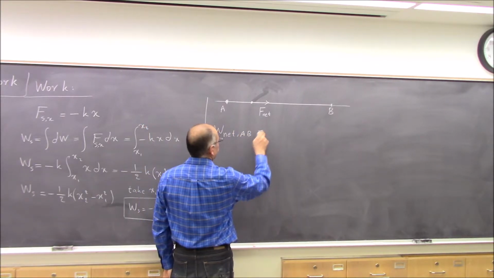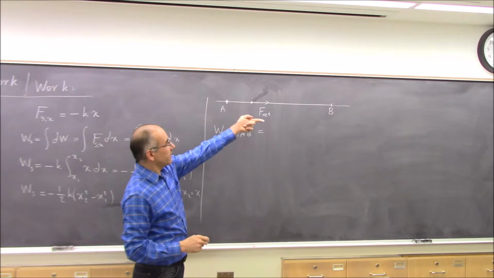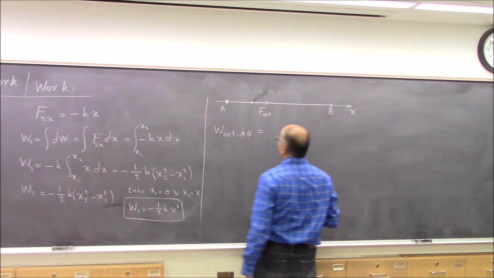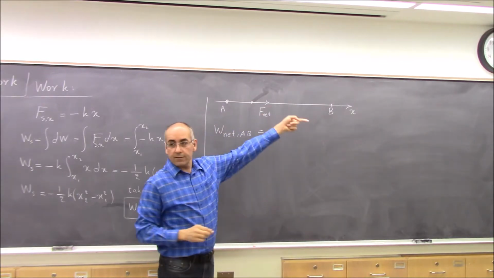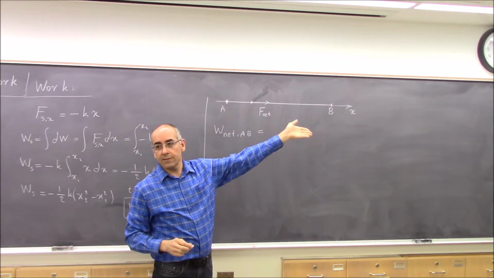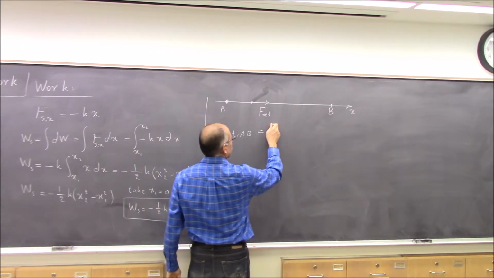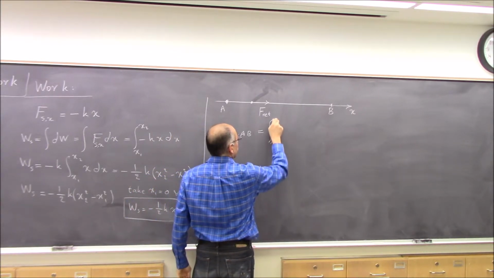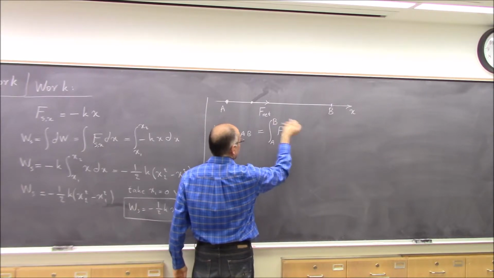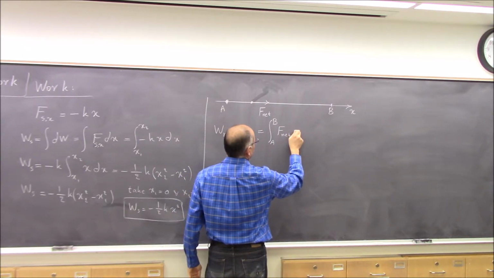What is that? Because F net is only in that direction, we call that direction x direction, and dl is dx times i hat. F net also is in x direction, so we get integral from A to B, F net magnitude, because it is in the x direction, times dx.